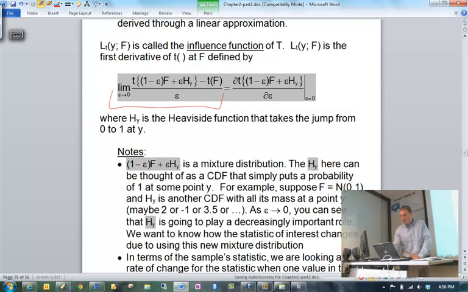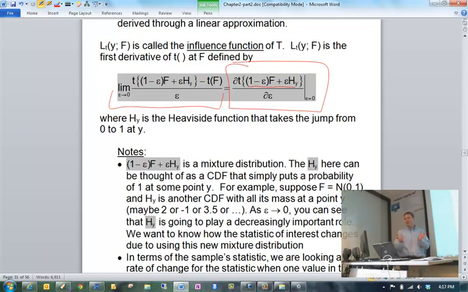So in other words, let's take the partial derivative of this statistical functional with respect to epsilon and evaluate the derivative at epsilon equals 0.